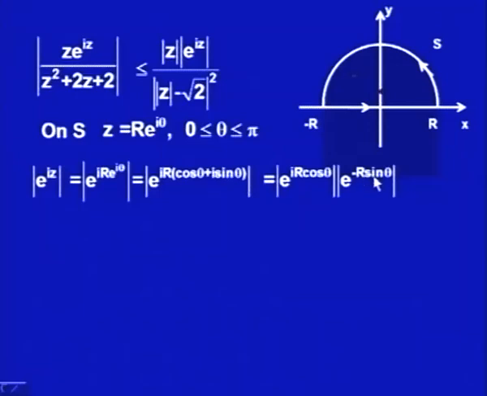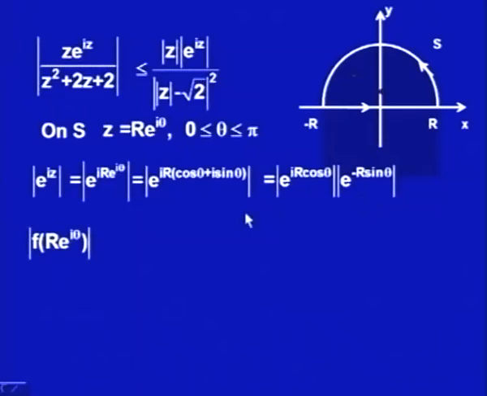Theta lies between 0 and pi, and we know in the upper half, from 0 to pi, sin theta is always positive. So this quantity is positive, and e to the power of any quantity is always positive. So the absolute value would be e to the power minus r sin theta.